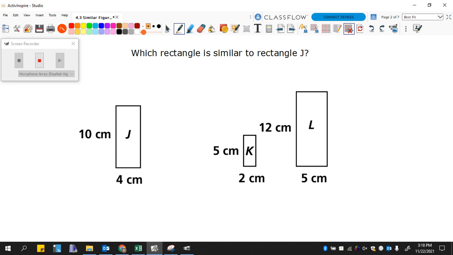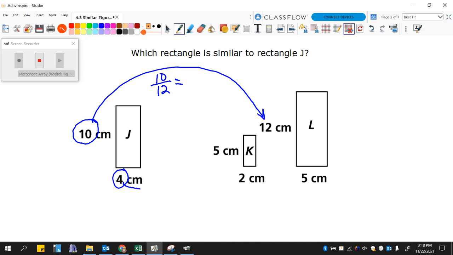So we know that J, I'm going to do the big one first. The 10 corresponds with the 12, so we're going to say that's 10 to 12. And then 4 corresponds with 5. If I cross multiply, 10 times 5 is 50, and 12 times 4 is 48.